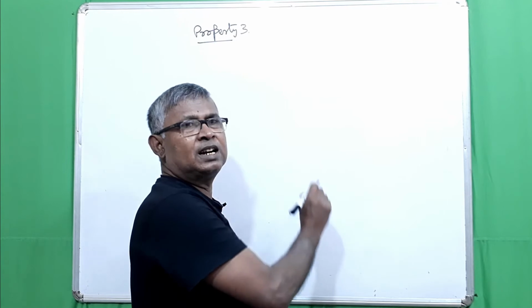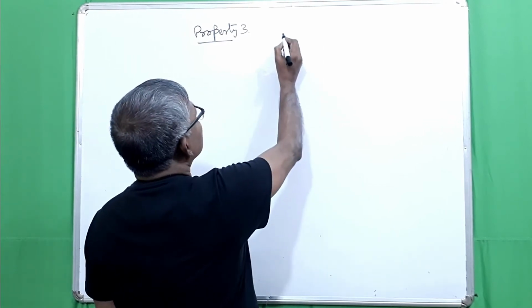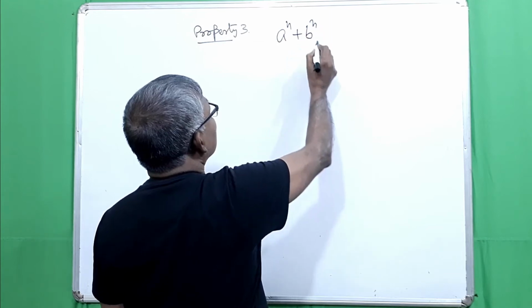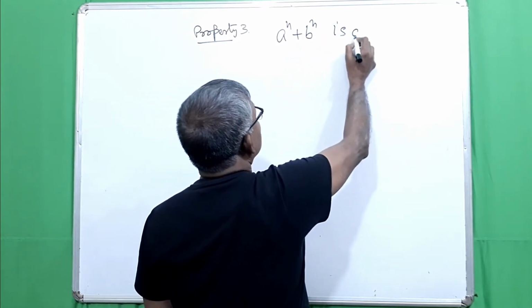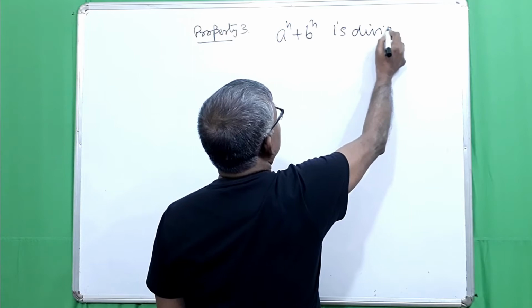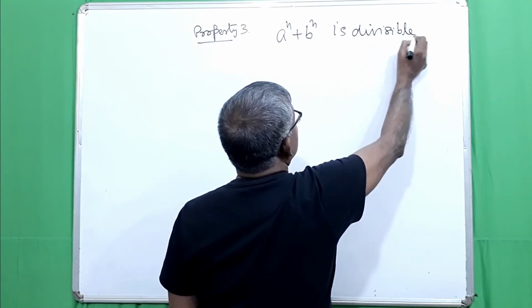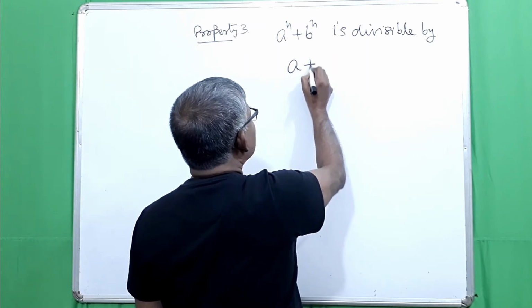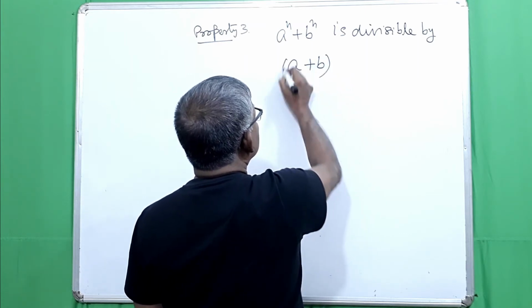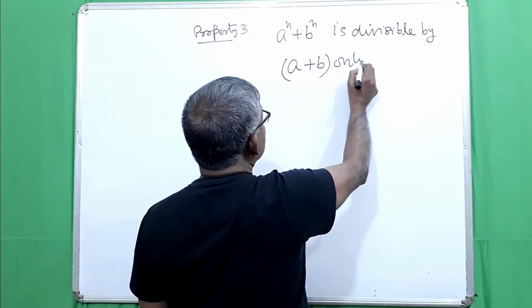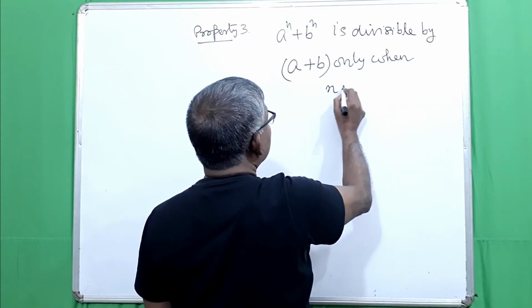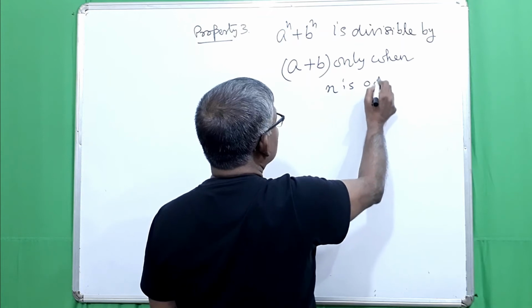Let us consider another property. a to the power n plus b to the power n is divisible by a plus b only when n is odd.